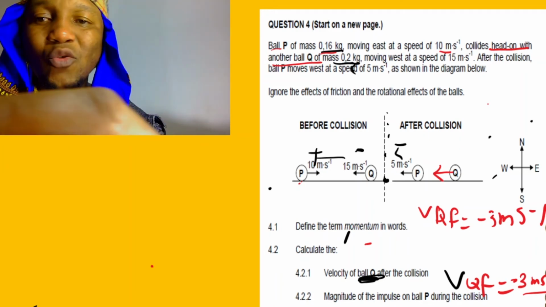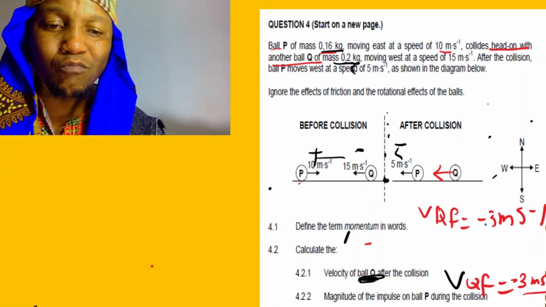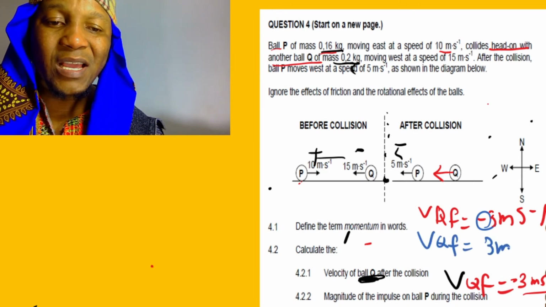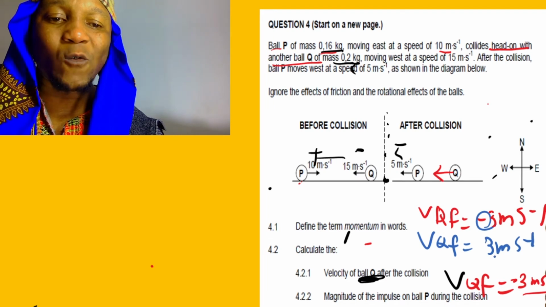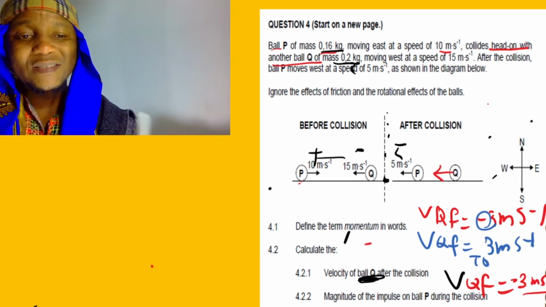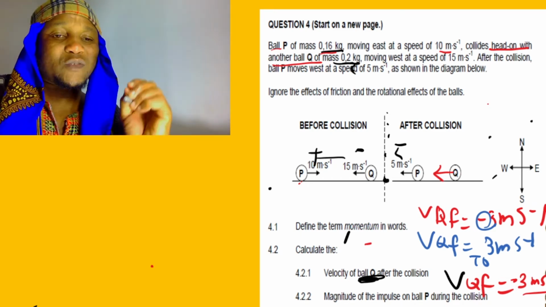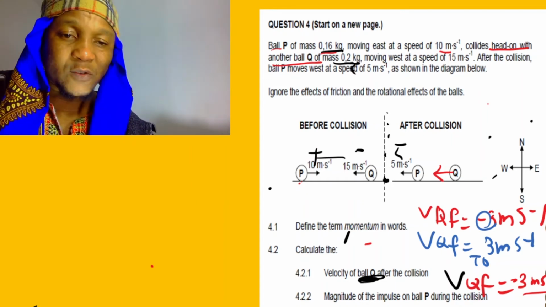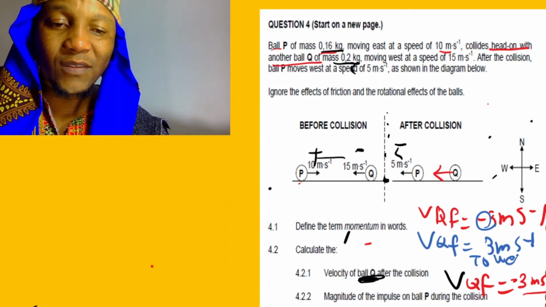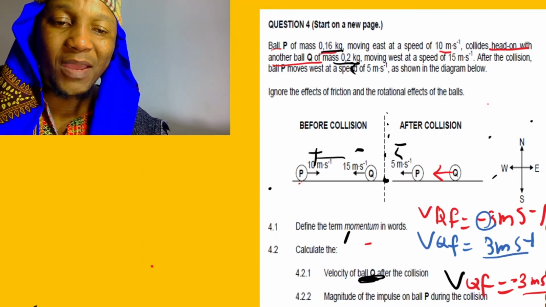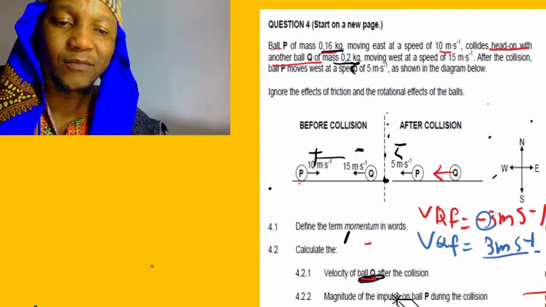The negative tells you it's moving to the left. So I can say velocity of Q final equals 3 meters per second to the west. Then you don't write negative, because negative means to the west. If it was positive, it would be to the right. So it's 3 meters per second to the west.